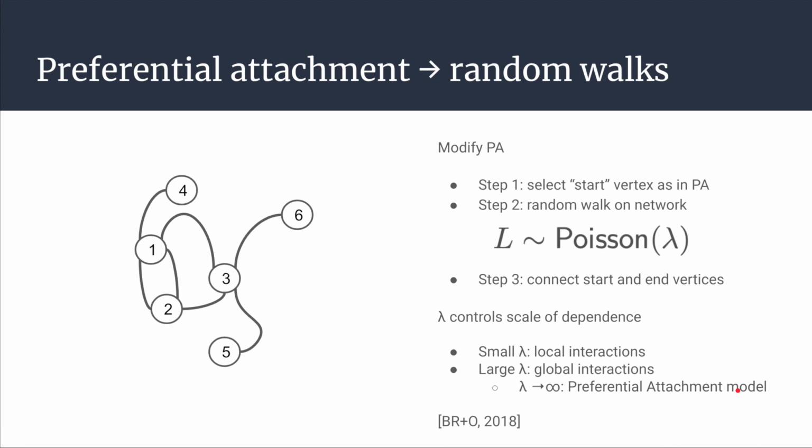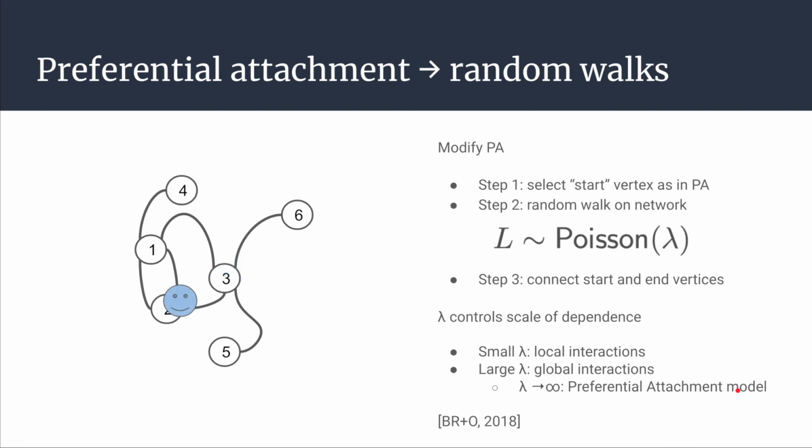So again, we're generating the network one edge at a time. In step one, we select a starting vertex in the same way as we did with preferential attachment, so proportional to its degree. And then step two, we perform a random walk on the network. So we have our starting vertex, and then a random walk just selects one of the neighboring vertices with equal probability.